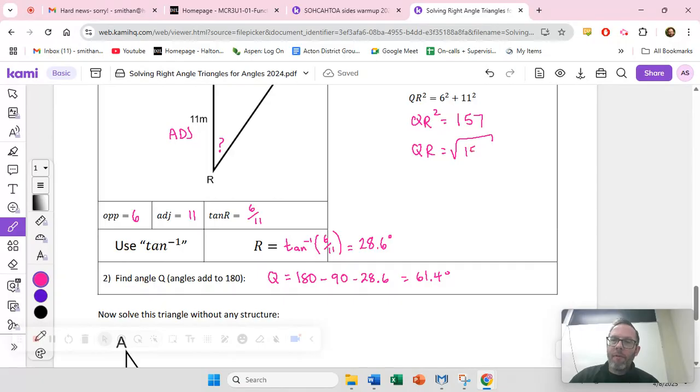The root of 157, whatever that is, 12 and a half or so. About 12.5.